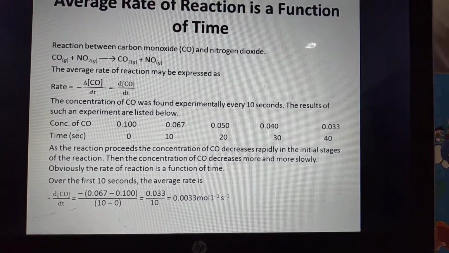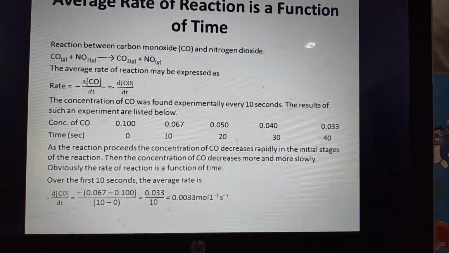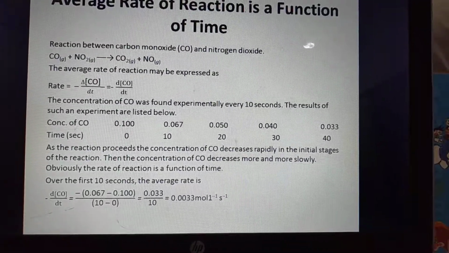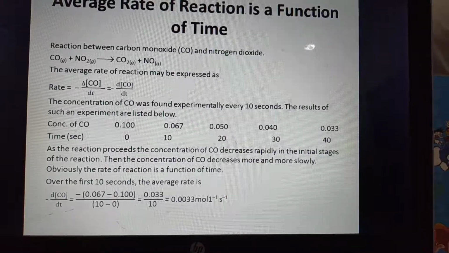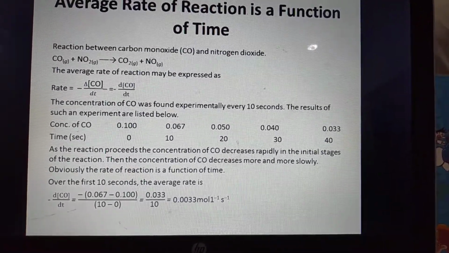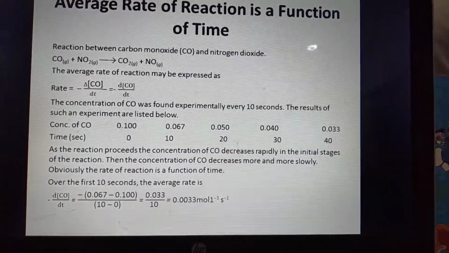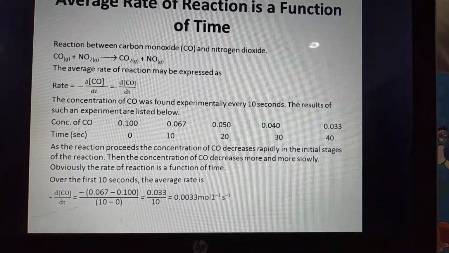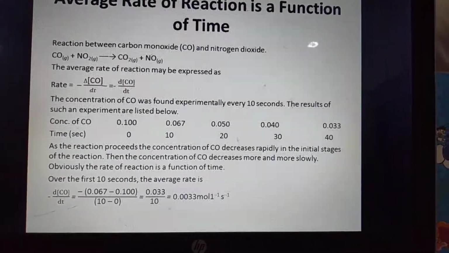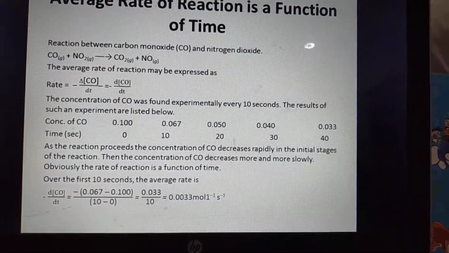The concentration of CO was found experimentally every 10 seconds, and the results of the experiment are listed. At 0 seconds the concentration of CO is 0.100, after 10 seconds 0.067, after 20 seconds 0.050, after 30 seconds 0.040, and after 40 seconds 0.033.